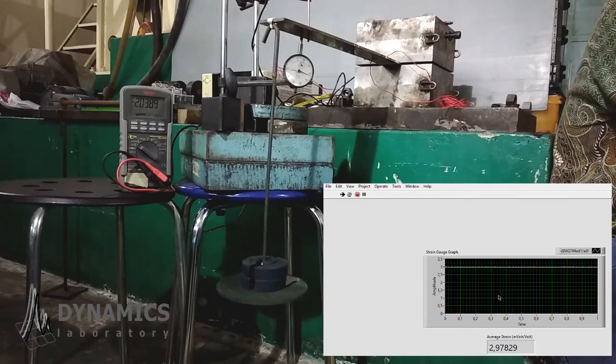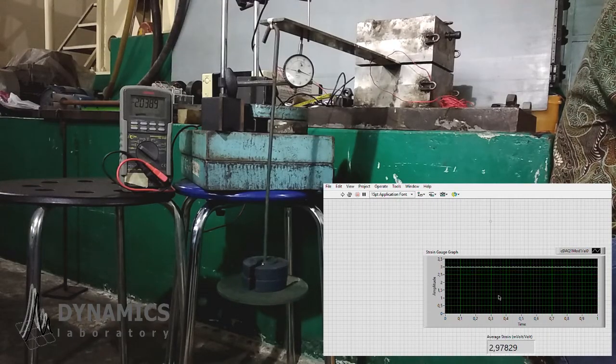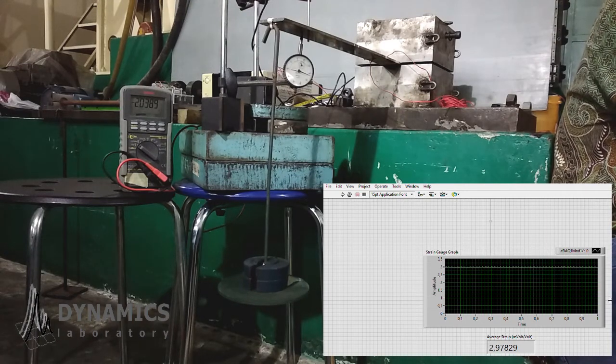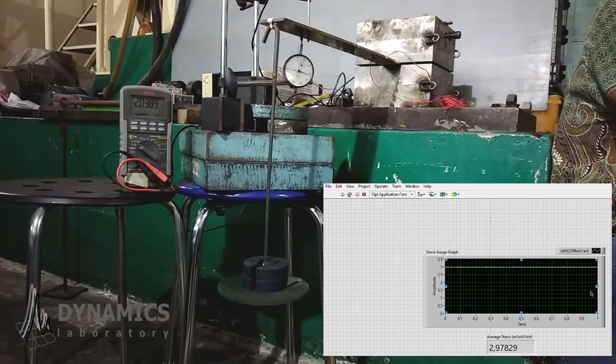Our first data is about 2.97829 millivolt per volt input. In the graph, you only see a straight line. Why? Because you only measure the static condition. Can you imagine what happens if the external force applied to the beam is changing over time? Then you will not see a straight line anymore, because the system will respond to the external force applied to the system.